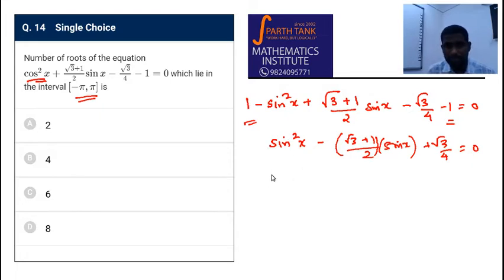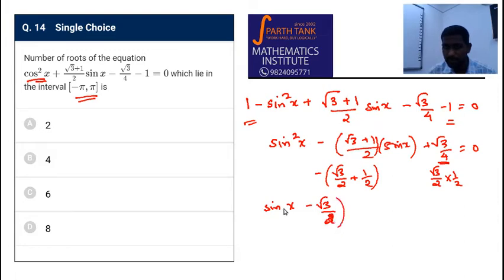Now this can easily be factorized if you see that this is root 3 plus 1 by 2 and this is nothing but root 3 by 2 into 1 by 2. This is root 3 by 2 plus 1 by 2 with a minus. Therefore the two roots can be easily written like this: (sin x minus root 3 by 2) times (sin x minus 1 by 2) is 0.